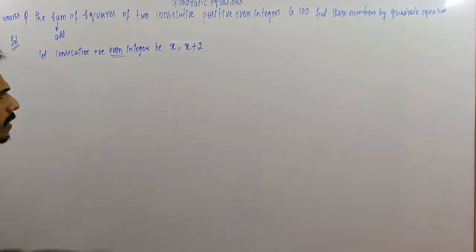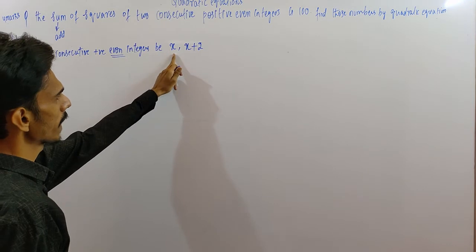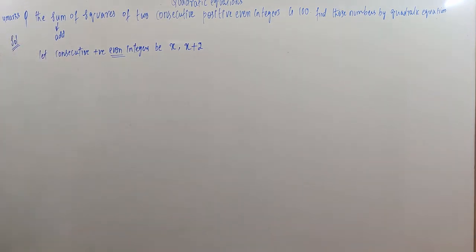Here we want even numbers, that's why we have taken 2 here. So we got two numbers x comma x plus 2, two positive numbers.